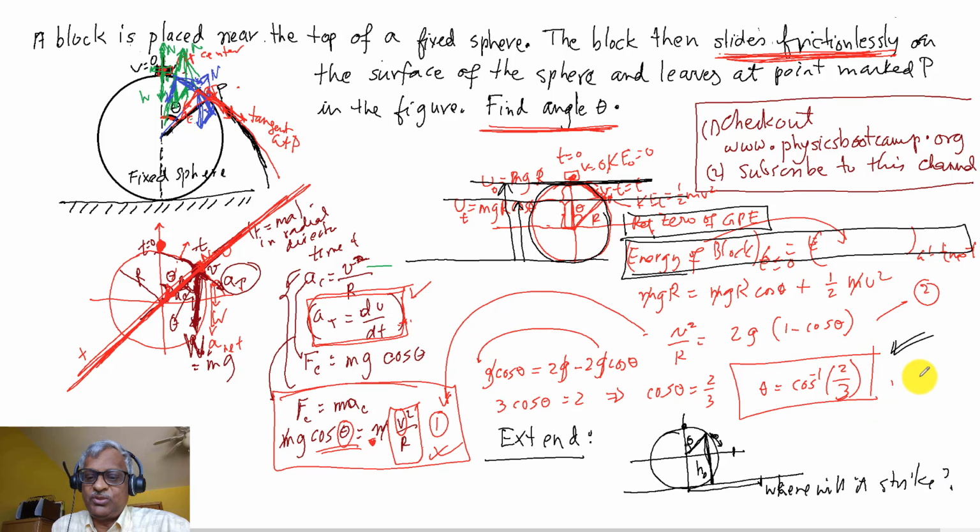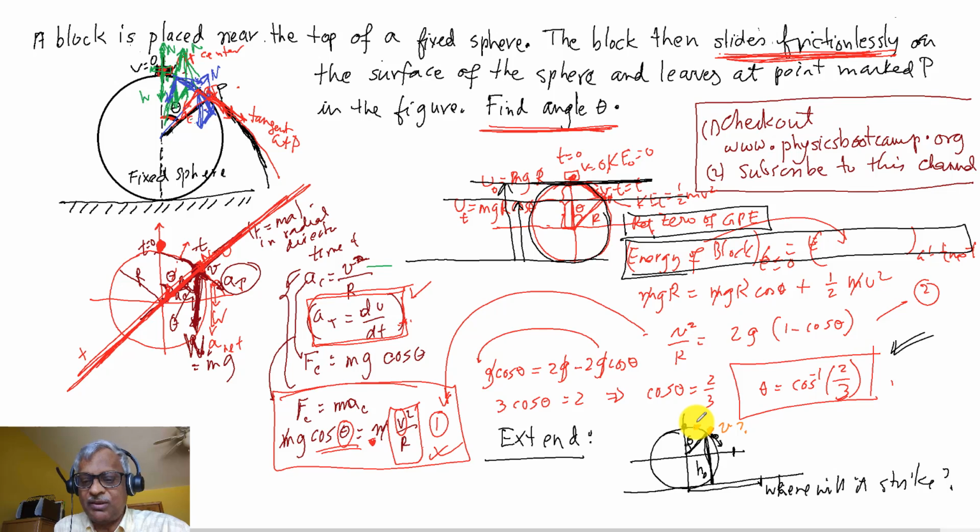Another more difficult question that you can ask would be... a less difficult question is, what's the speed with which I'm going over here. Since you know the theta now, you can plug in and get the speed if you know the r. So that's not so difficult a question.